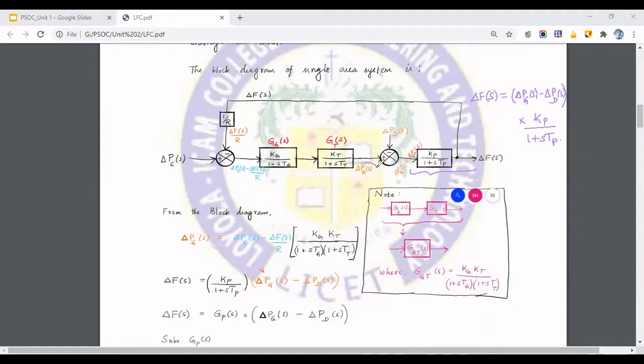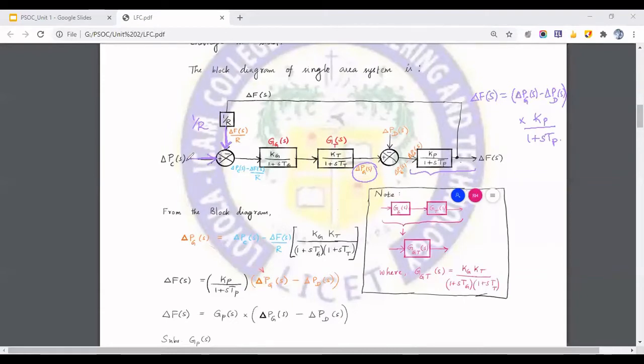Similarly, now let us get the expression for delta Pg of S. Here we have delta F of S fed along the feedback loop, so that when it enters the speed governor, which is represented by 1 by R, where R is the regulation, whatever comes out of this block is delta F of S divided by R. The speed changer input is delta PC of S, so it comes to a comparator.